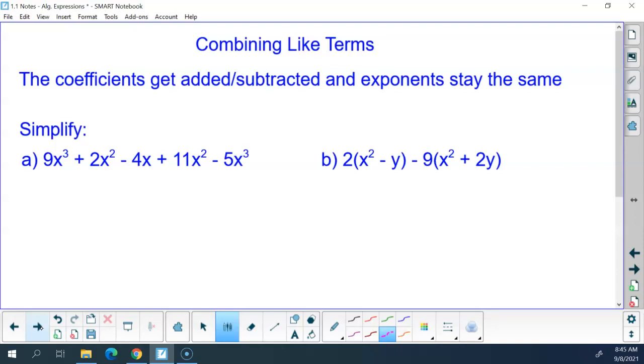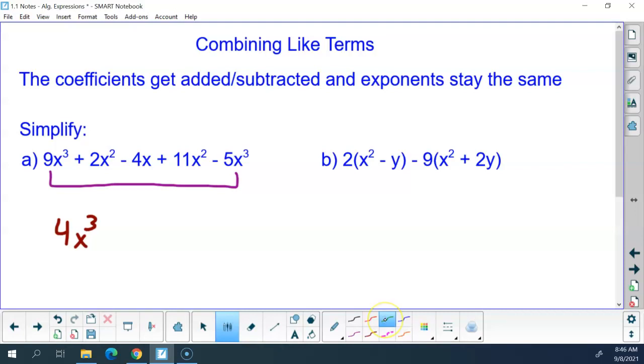So, for instance, I would look for any other x cubes. Well, there's one more x cubed over there. So if you got 9 of them, and I take 5 of them away, that leaves me with 4 of them. So it's 4x cubed. The variable does not change. Just the number of the variable changes.